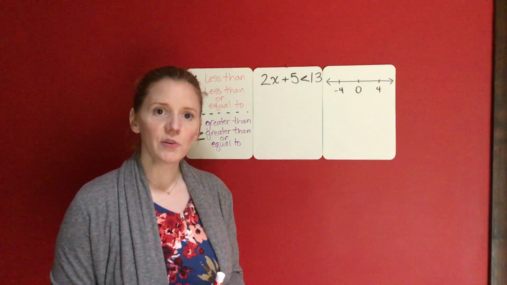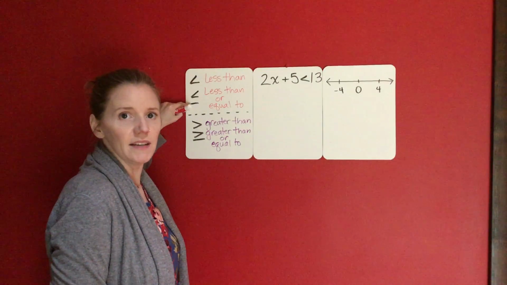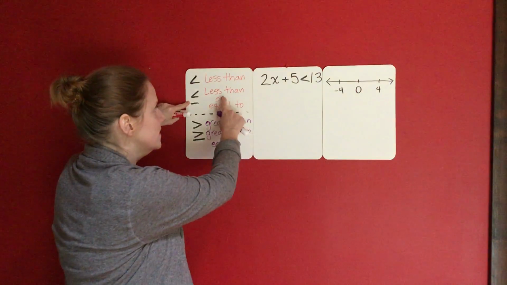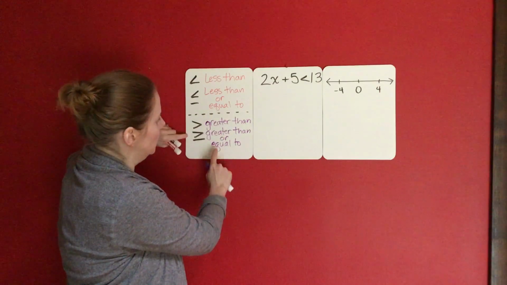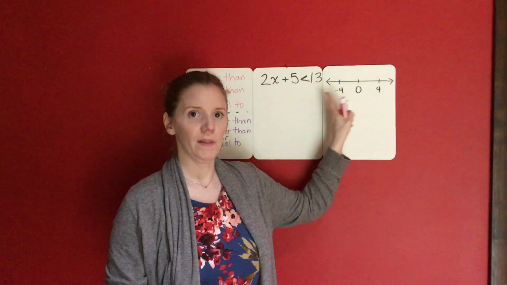The other thing we had to remember about these signs: if it has half of the equal sign, and we would pronounce it as either less than or equal to, or greater than or equal to, that changed how we reported it on our number line.